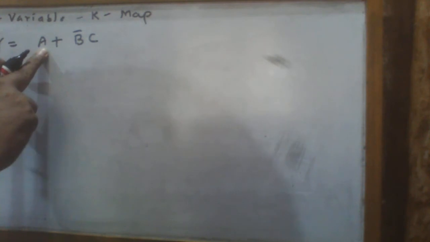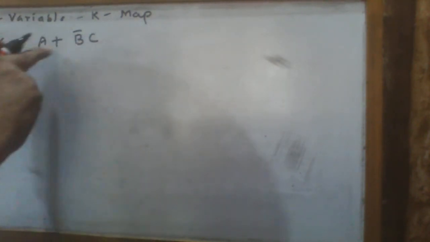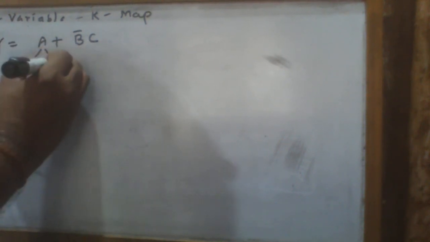If the given equation is y is equal to A plus B bar C, this is the given equation. Now here in this equation we know that 3 variables are present, A, B, C. But in the first term 2 variables are absent. Missing variables are B and C.